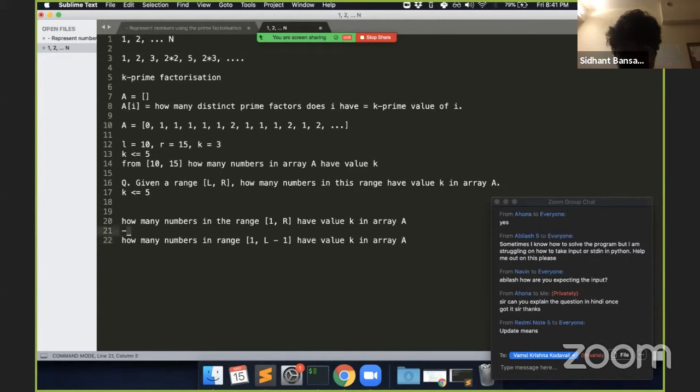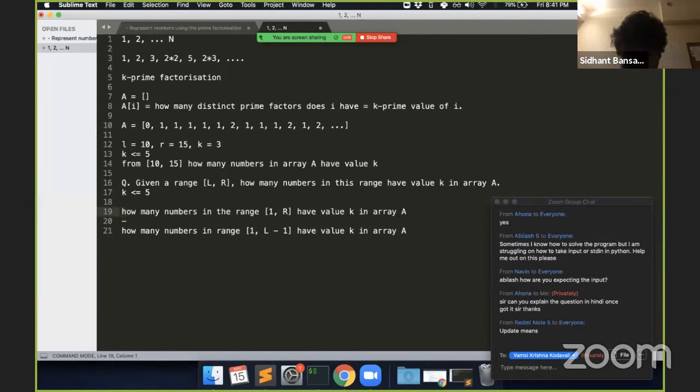Someone is asking what update means. In this question there are no updates, so don't think about it much. But I assume some people here will be familiar with segment trees and might start thinking from that angle. An easy way to not go down that rabbit hole is by asking: are there any updates in the question?